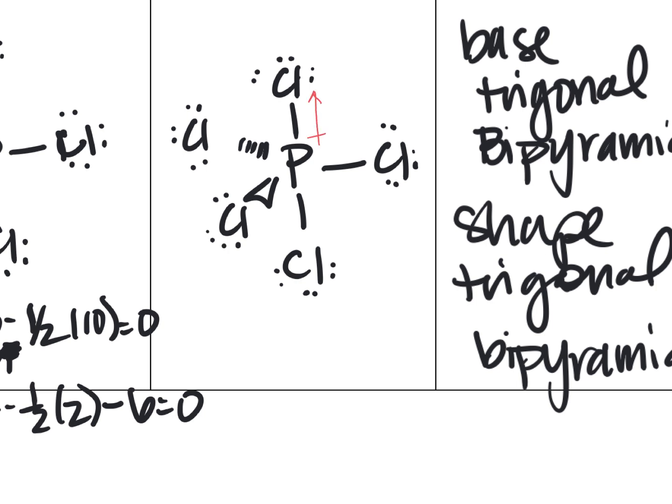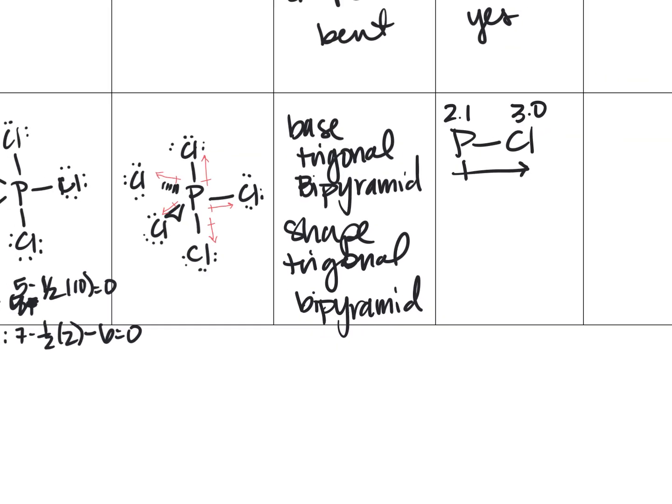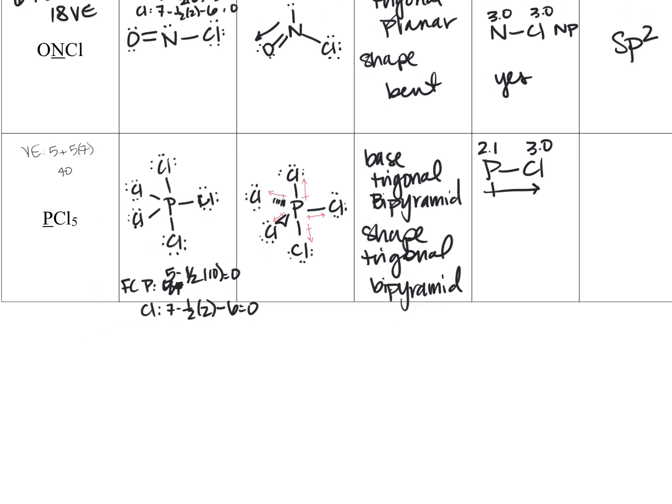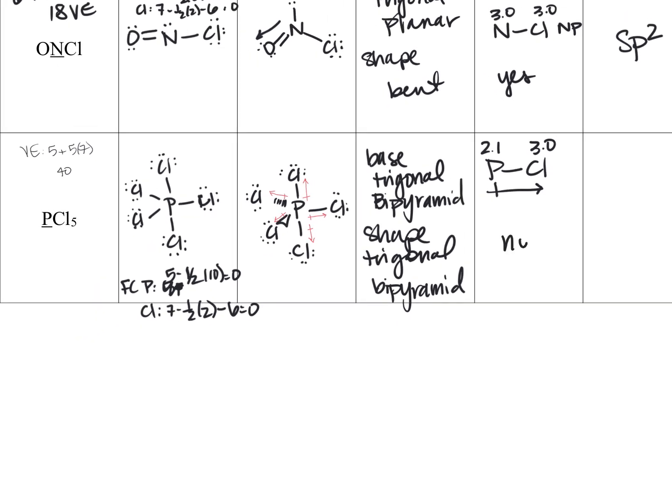We have this bond and this bond, so those are going to cancel out. Then we have this bond, and this bond, and those three cancel out. So even though it is 5 quite polar bonds at an electronegativity difference of 0.9, the answer is no based on the arrangement.